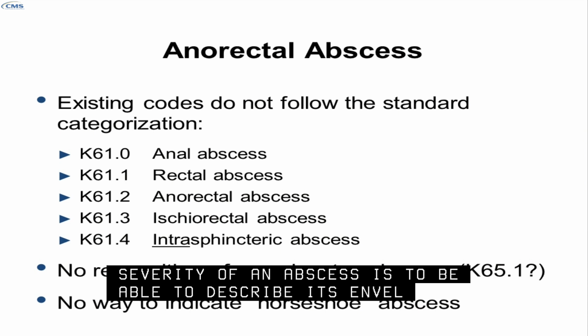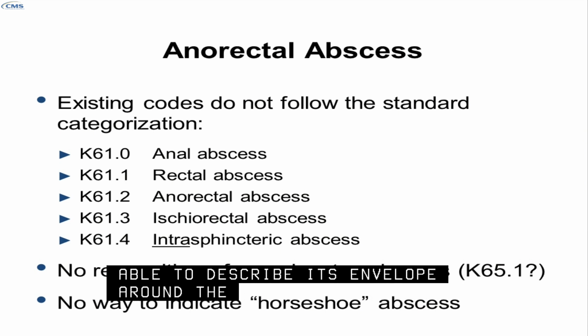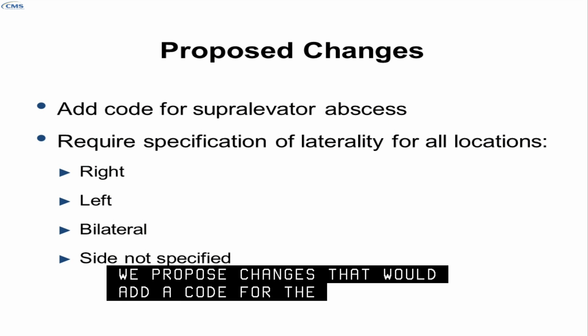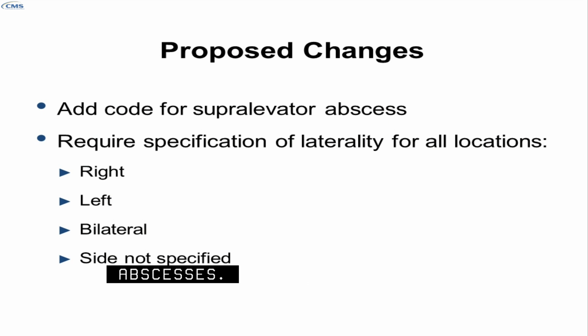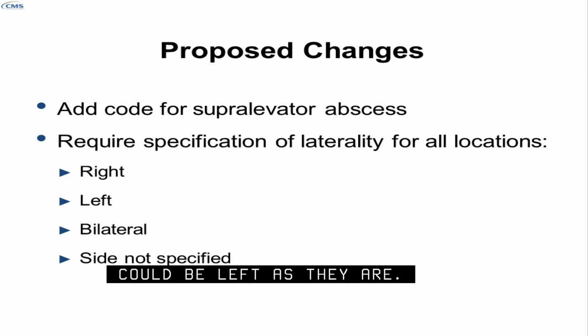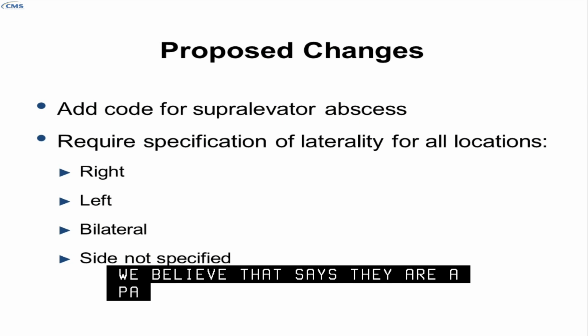And so we see these as issues that could be remedied. So we propose changes that would add a code for the supralevator abscesses. All the other categories we believe can be kept as they are. That would be reasonable, and since they're part of the parent ICD-10 classification, probably desirable.